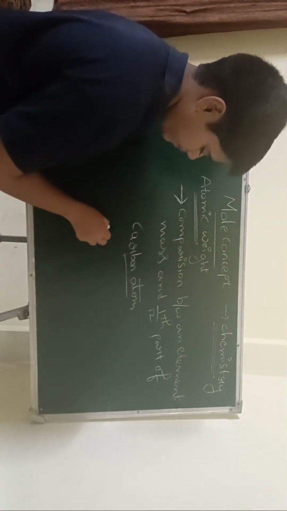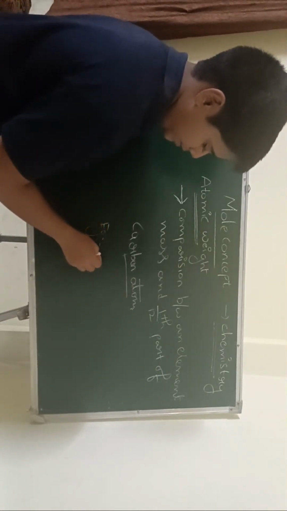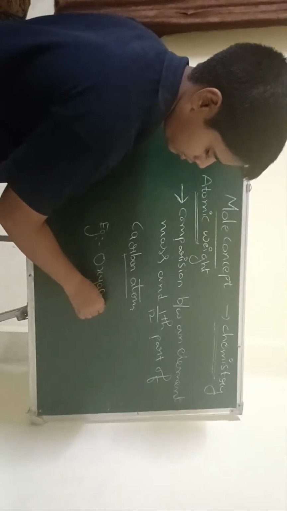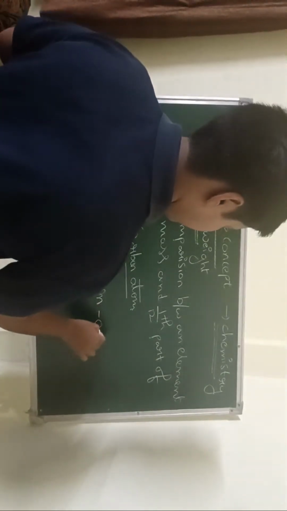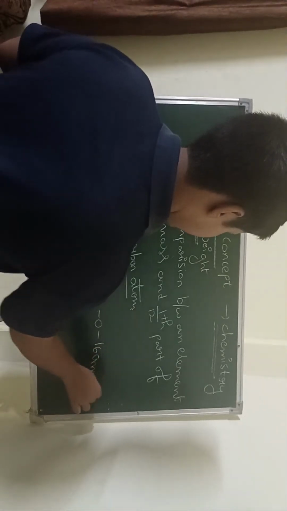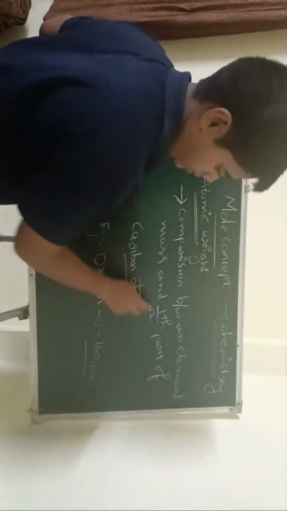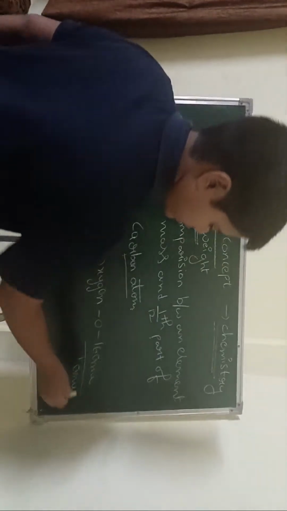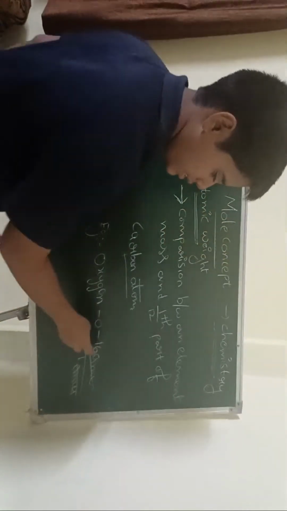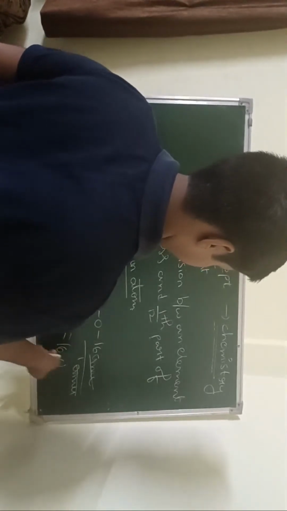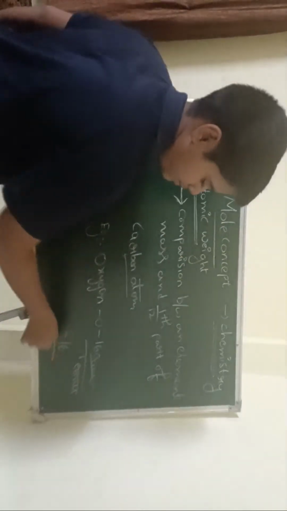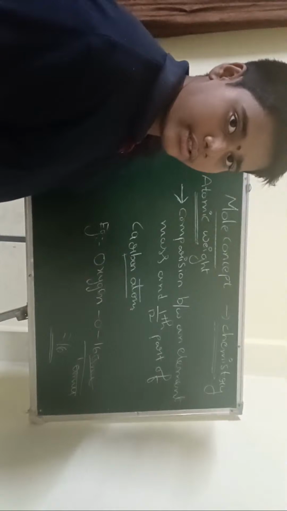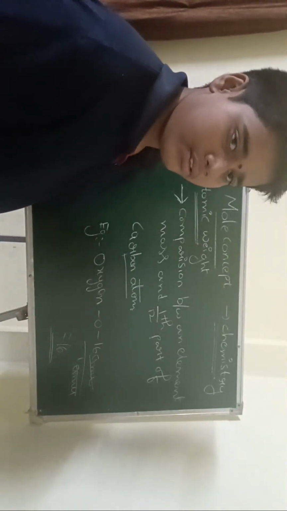For example, I took oxygen. Oxygen's atomic mass is 16 AMU, divided by 1/12 part of carbon atom, which means 1 AMU. So AMU gets cancelled, and 16 is the atomic weight. It is a mere number and has no units.